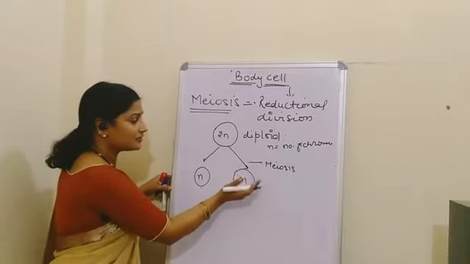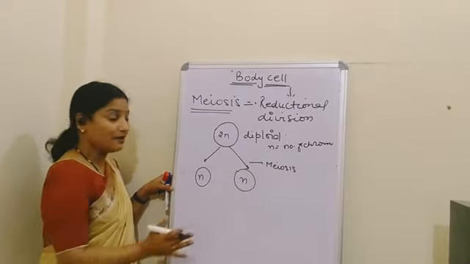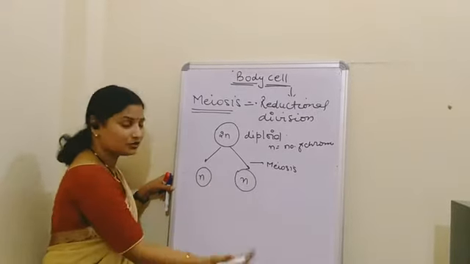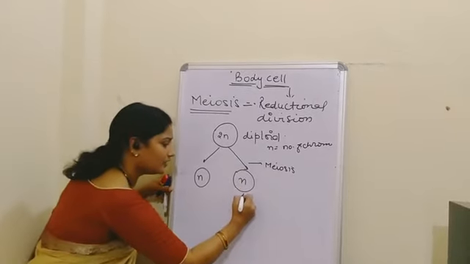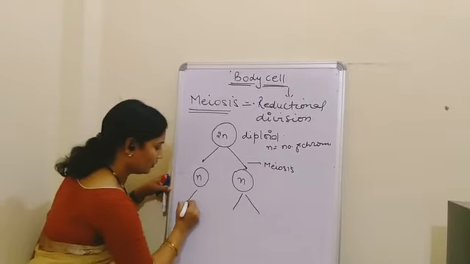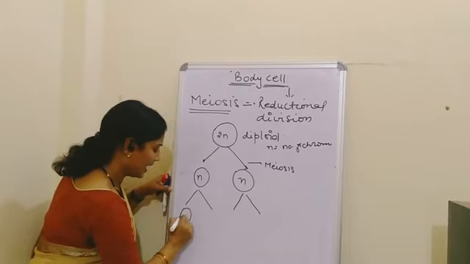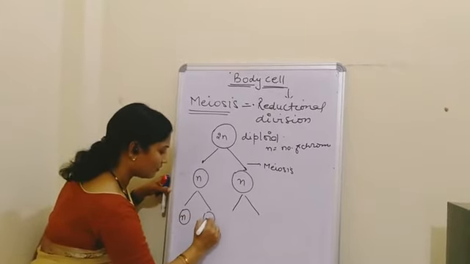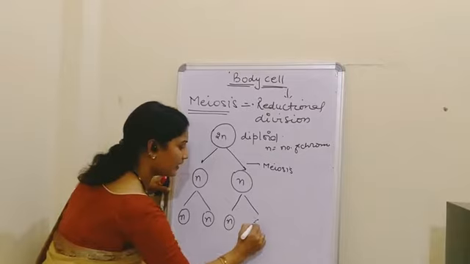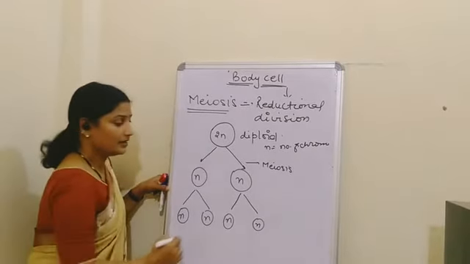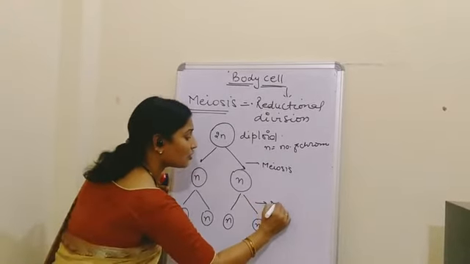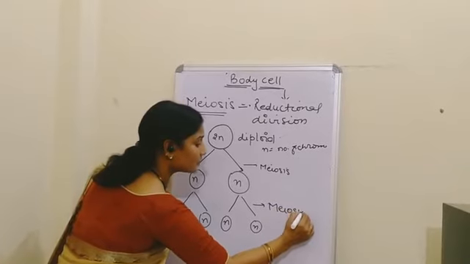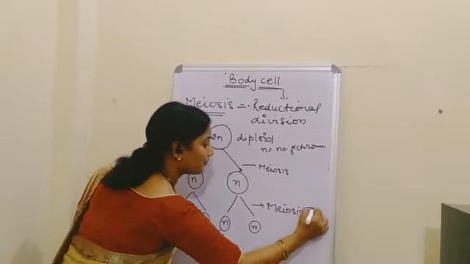Okay? Now meiosis doesn't stop here. Meiosis continues from here also. Then it will give 2 more copies and we have again n and n. Now this type of division is called meiosis 2.